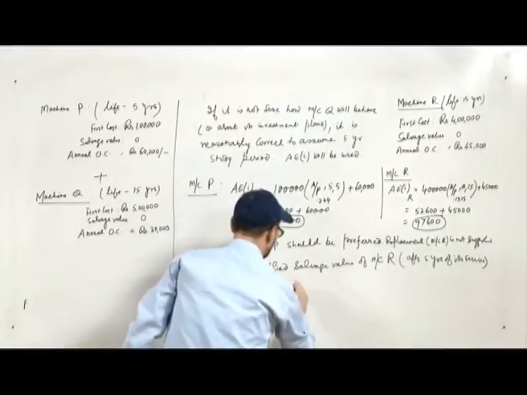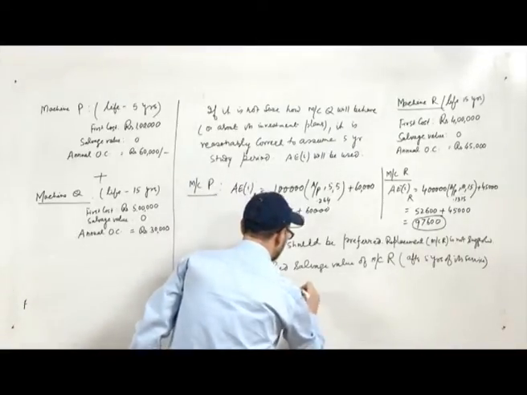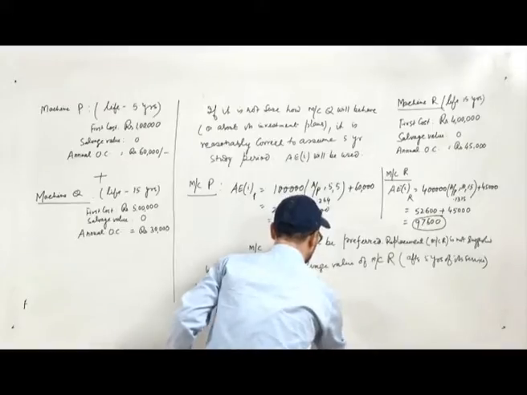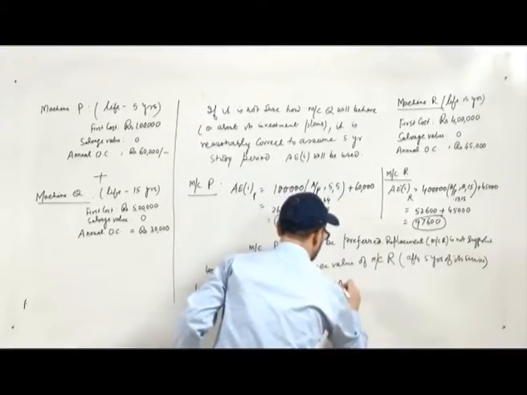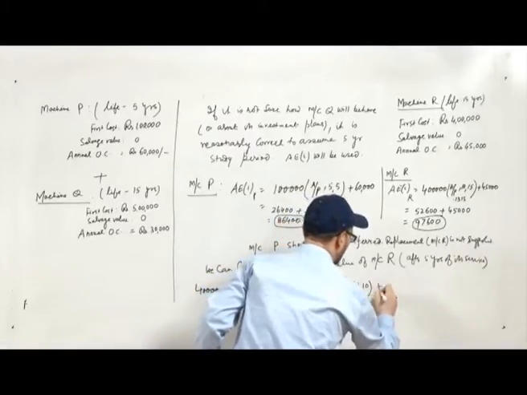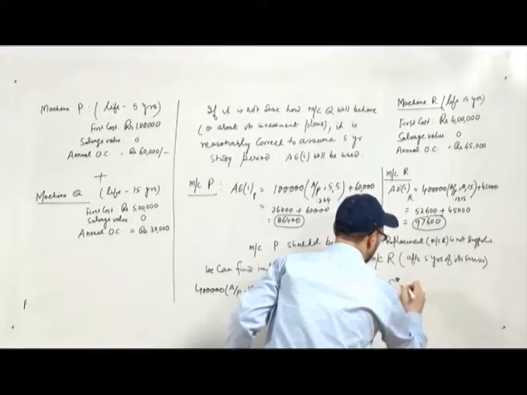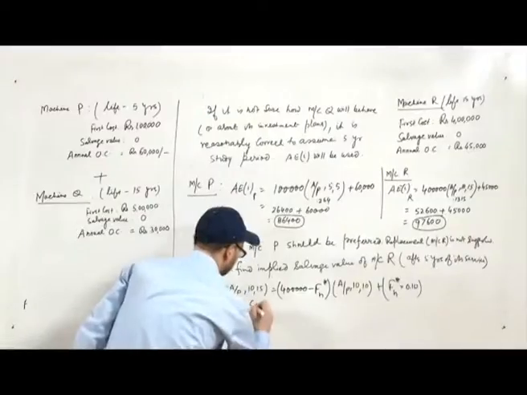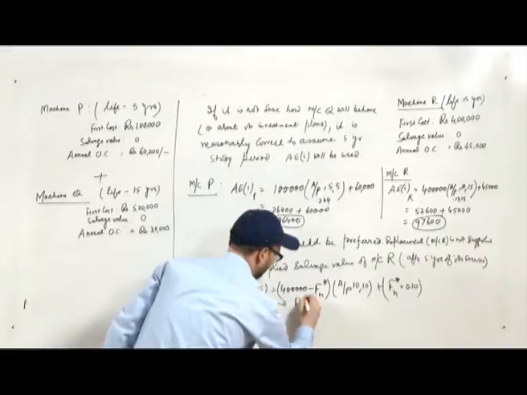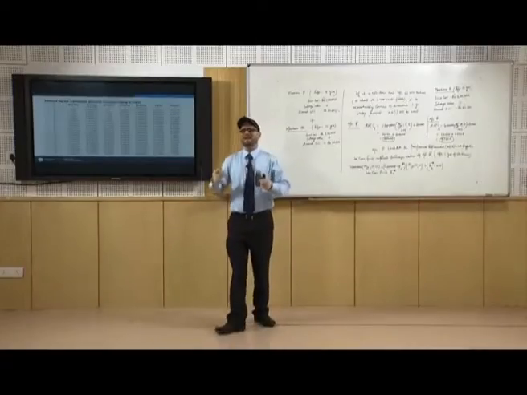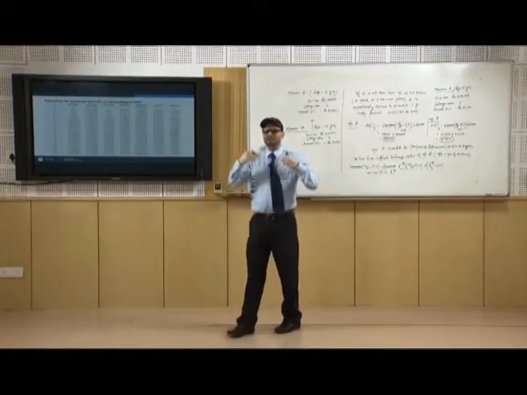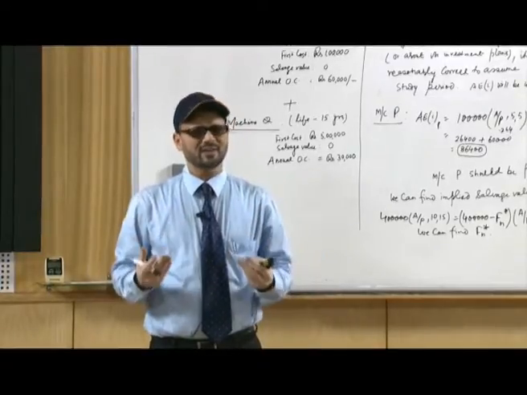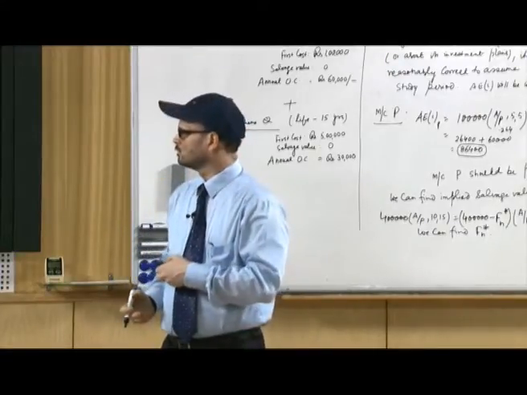It will be 4 lakh multiplied by A by P 10, 15, so 4 lakh minus Fn star, A by P 10, 10, plus Fn star multiplied by 0.1. So, by solving this equation we can find Fn star. So, this way you analyze problems of such nature. You have seen that under different cases you have to deal by taking different study periods, and you come to different conclusions. Thank you.